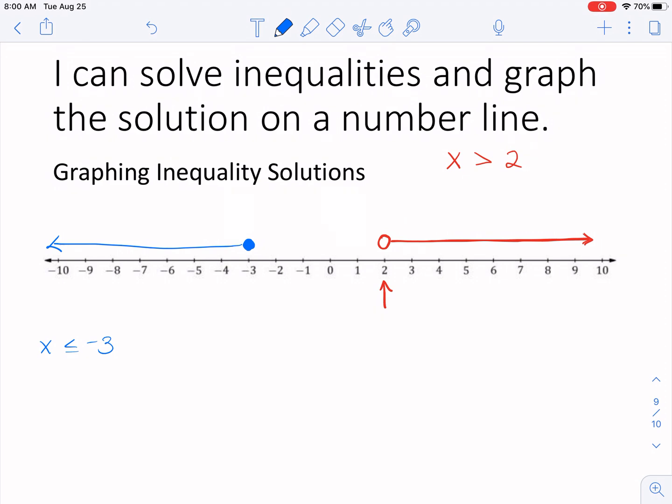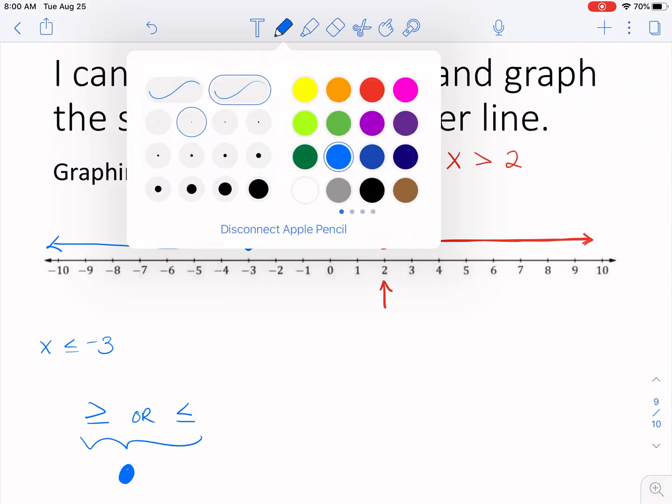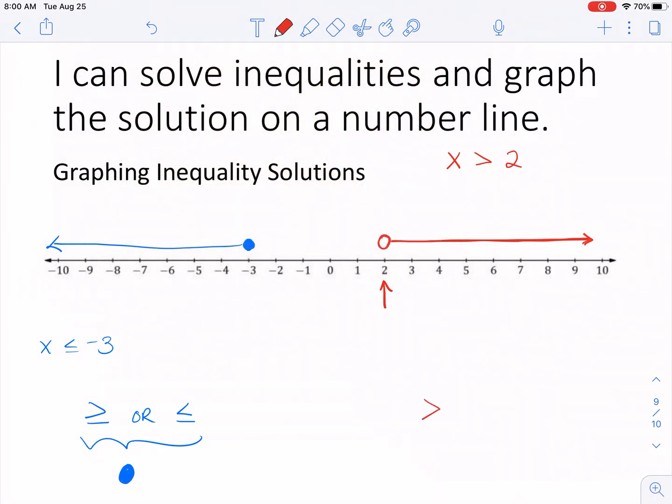So when I have greater than or equal to, or less than or equal to, I use a closed dot as my boundary. If I have greater than or less than, I use an open circle as my boundary. And then I shade whichever direction I'm looking at.